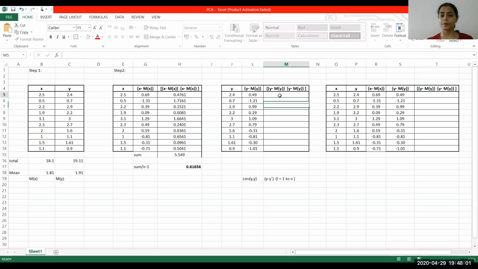This is what we have done here. Now, in the last column of this table, we need to multiply this term with itself. Once we do that, we get the desired output, that is y minus y bar into y minus y bar. So this is how we do it.